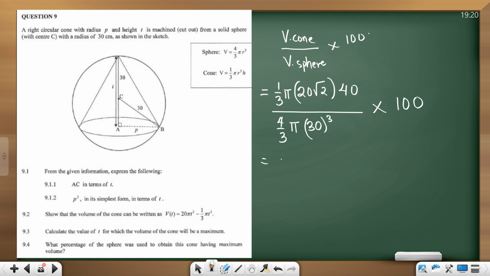But the idea is to see that the questions are not difficult. Just give it a try. 63%.